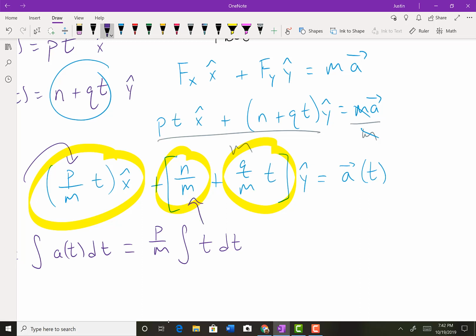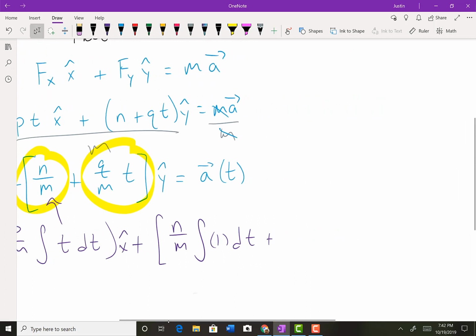This does not have a t in it, so let's put that in parentheses, hopefully that'll be a little clearer. I'm going to call x hat, and then I'll call this one here, that's going to be n over m. I'm integrating just a constant, so I'm going to integrate the number 1 dt.